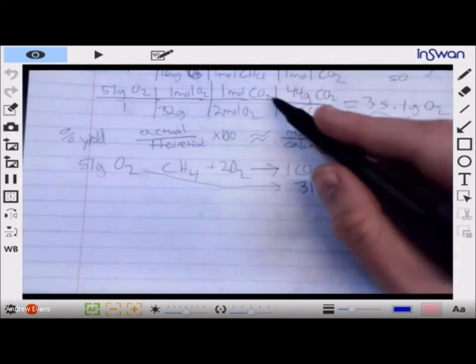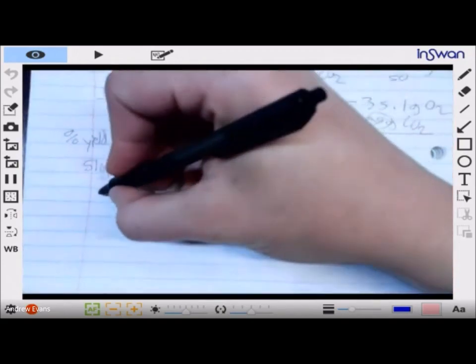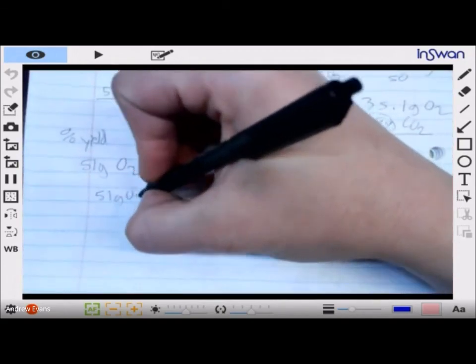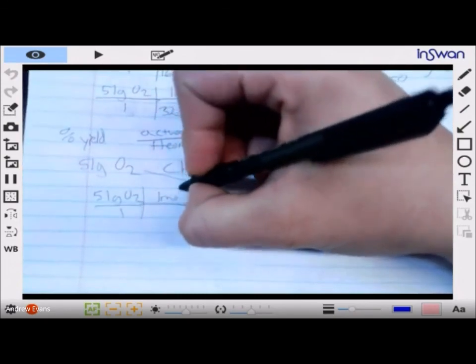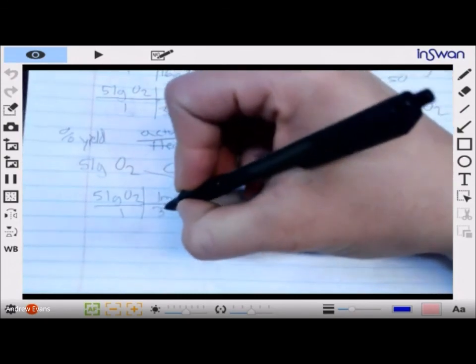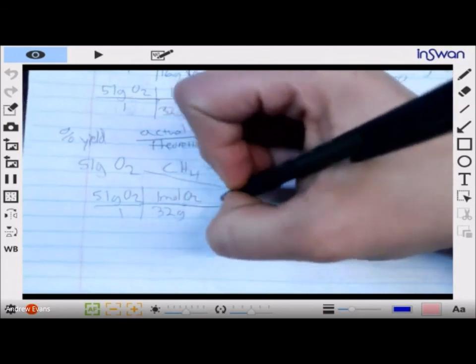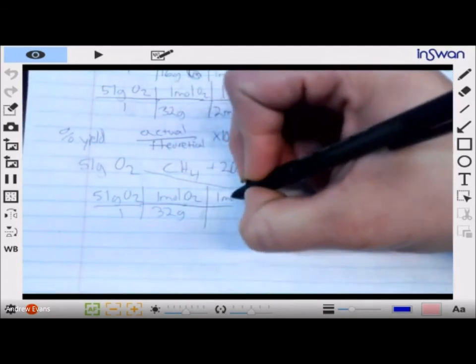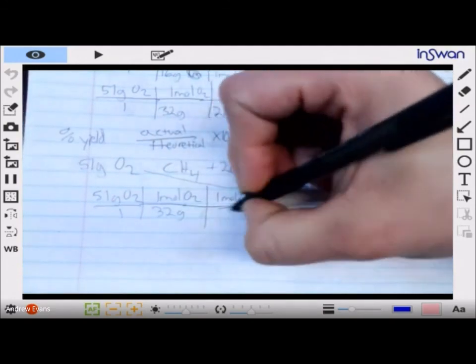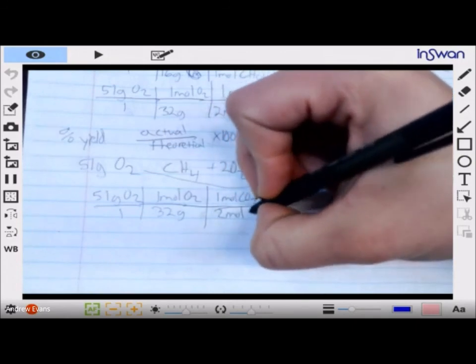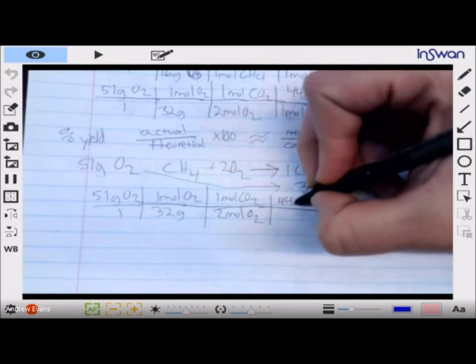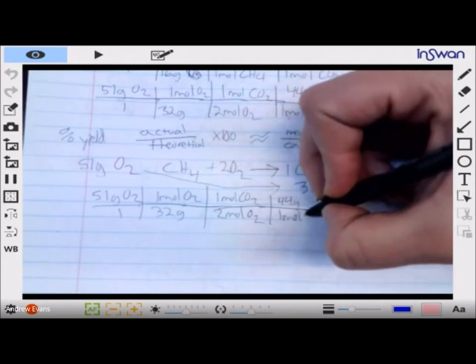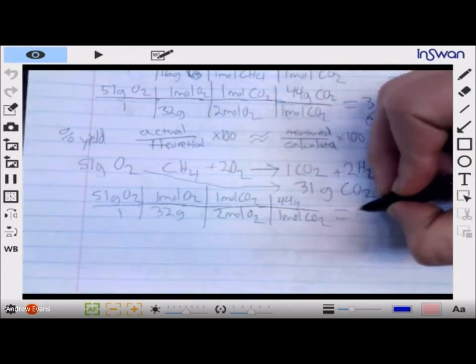Now, we would do all the same steps. We would take our 51 grams of O2, 1 mole of O2, 32 grams, 1 mole of CO2 for 2 moles of O2, and our 44 grams per 1 mole of CO2. All that would be the same. So we'd get 35.